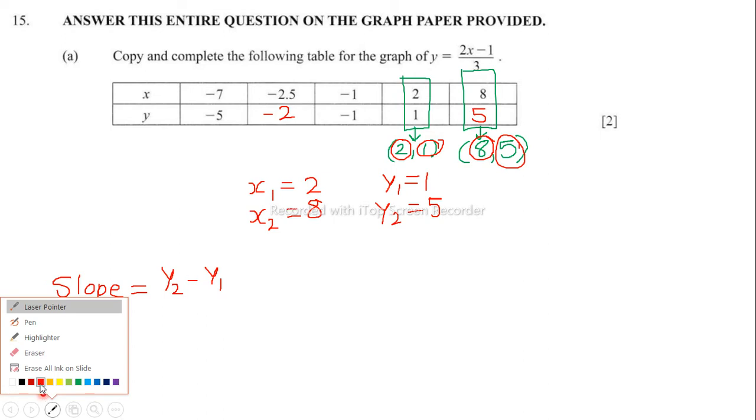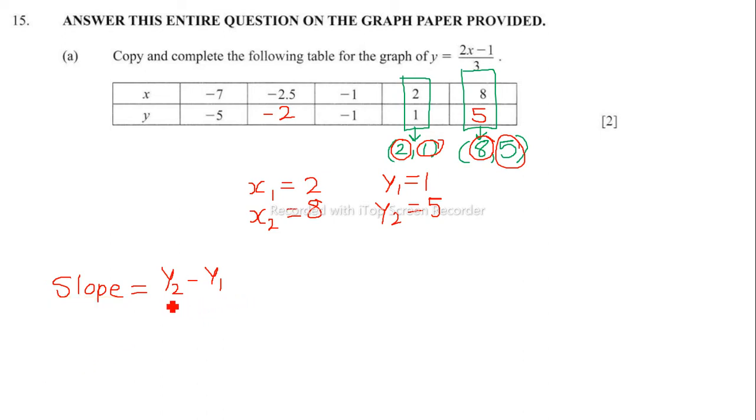Okay, so it's going to be y2 minus y1, divided by x2 minus x1. That's going to be equal to... okay, so what is y2? 5.